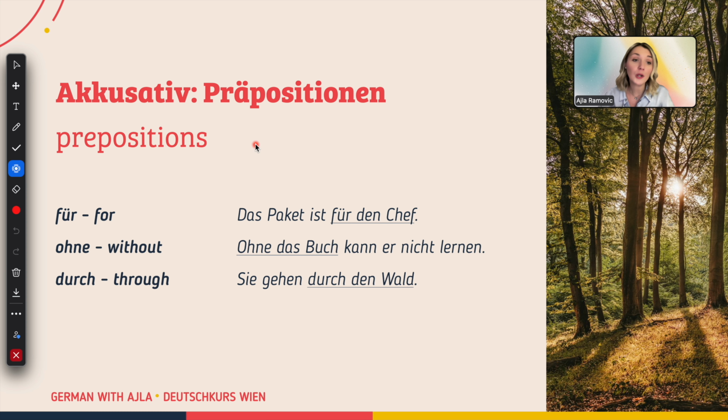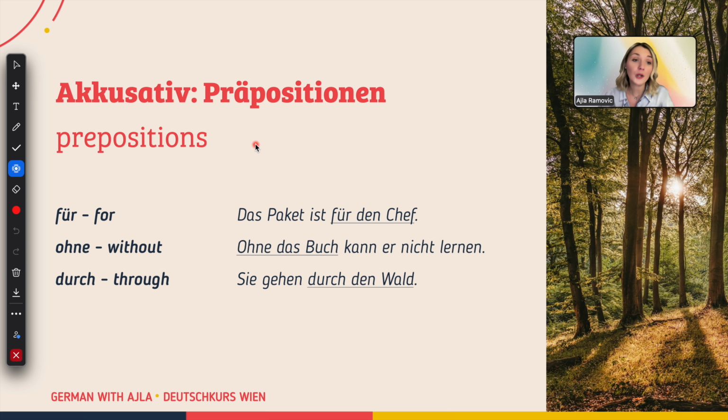Sometimes we have prepositions in German that require using accusative in combination with them. I want to show you some of these prepositions. We don't really have a lot of them. This is not a complete list, but these are the ones that are really important for A1.